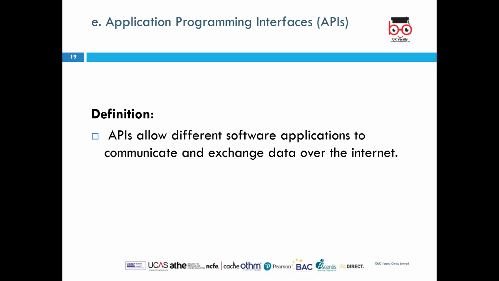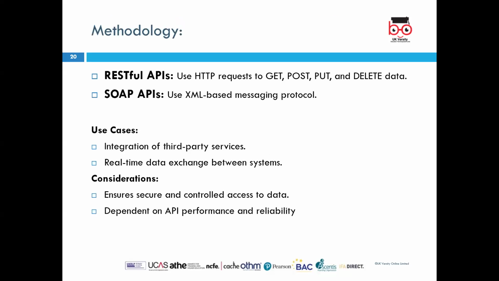APIs: an application programming interface allows different software applications to communicate and exchange data over the internet. When it comes to methodology required for APIs, we have RESTful APIs, where our HTTP requests are going to get, post, put, and delete data.